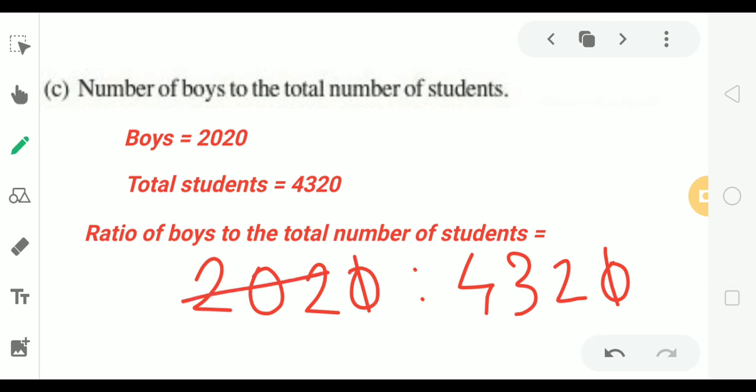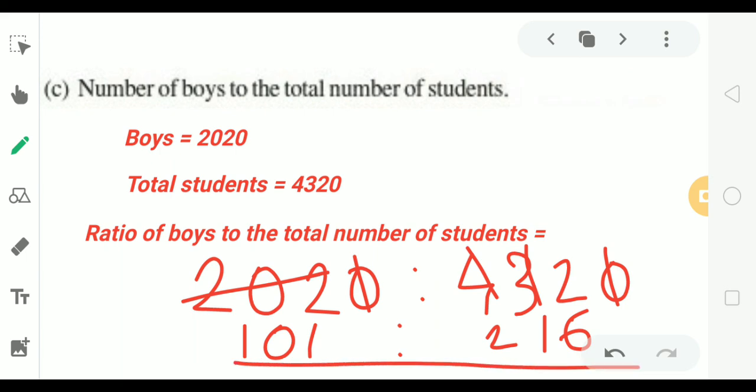Then half of 202 is 101, half of 432: in 4 2 time, in 3 1 time, in 12 6 time. So the ratio is 101 is to 216, the ratio of boys to the total number of students.